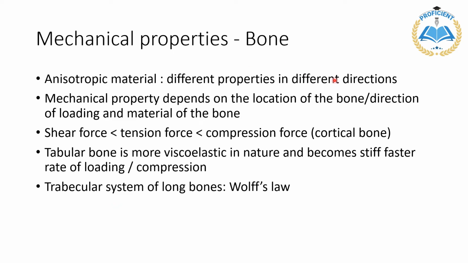The cortical bone is dense, stiff, and breaks very easily under a shear force, which means a lesser shear force is required for the cortical bone to reach the point of ultimate failure on a graph. The feature of this trabecular system developing along the line of forces is called.